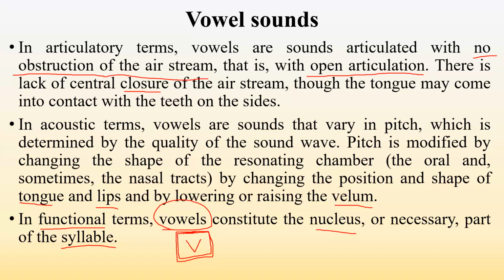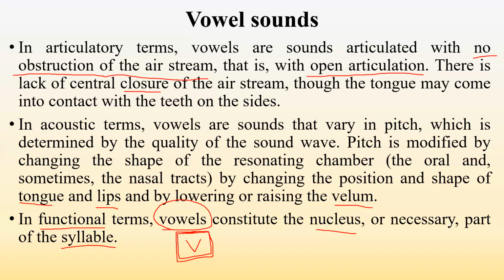And in the second point, we talked about acoustically what happens when the vowels are produced and what kind of reasons are there behind the different vowel sound production, the variations in the pitch. And variations in the pitch are decided by the vibrations or the resonance made by the tongue, lip, and velum.